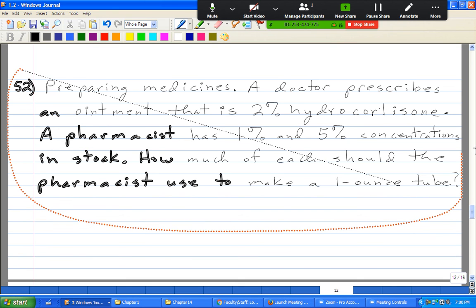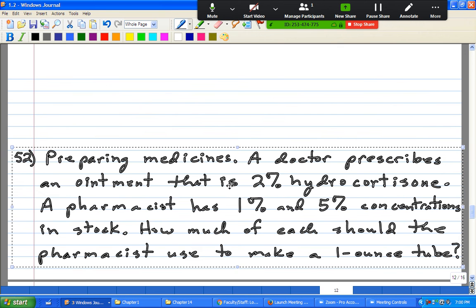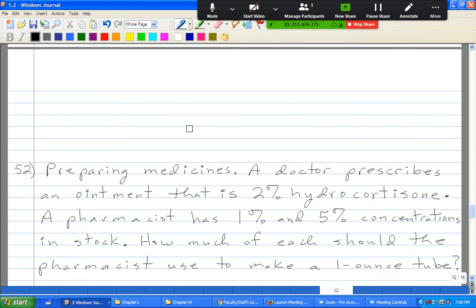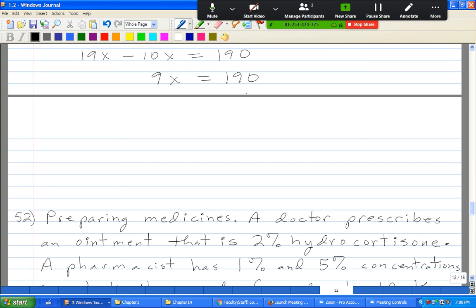I might have enough room, or at least close to enough room. Put this at the bottom. Divide both sides of my equation by 9. So x is equal to 190 divided by 9.